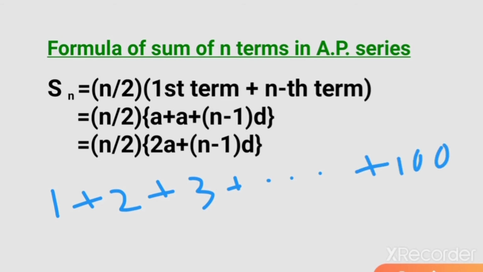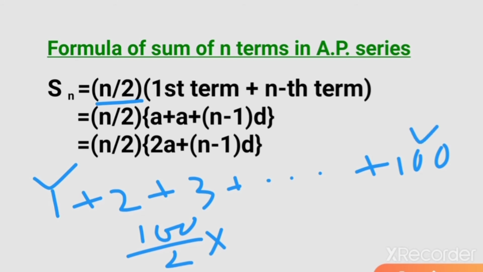If you look at the formula here, n is equal to 100 because the number of terms in the series is 100. So 100 by 2 is equal to 50, into the first term, which is 1, plus the last term, the nth term, which is 100. So it will be 101.